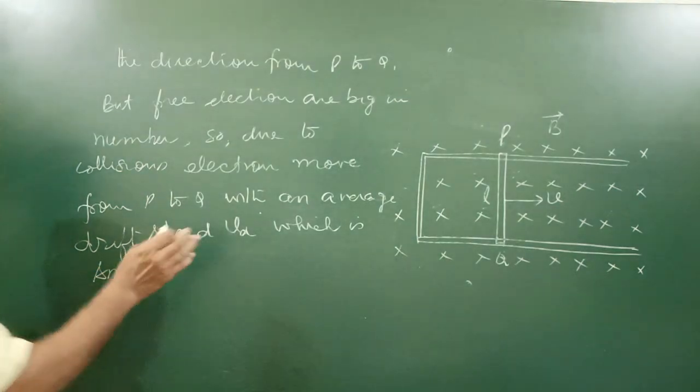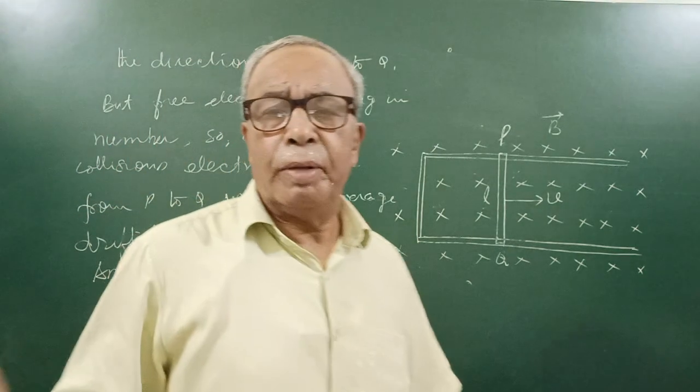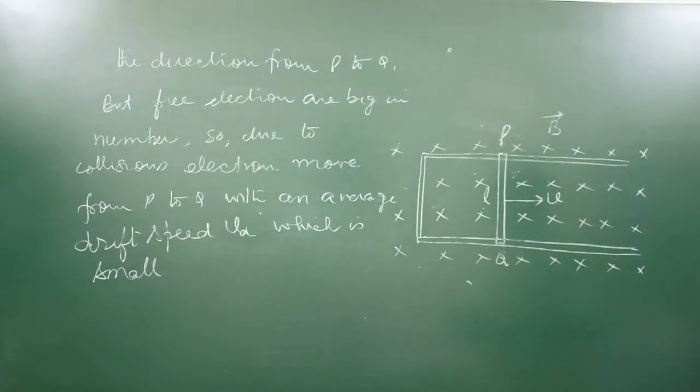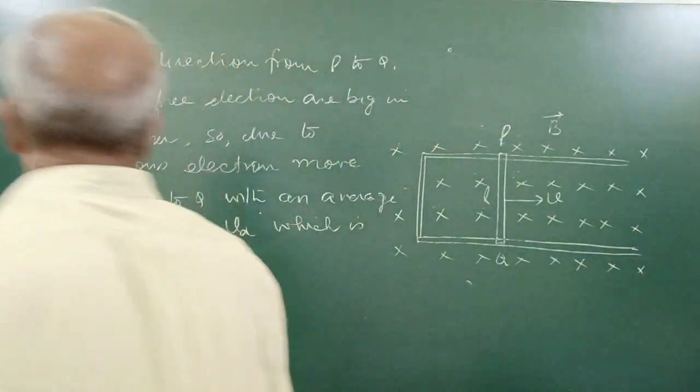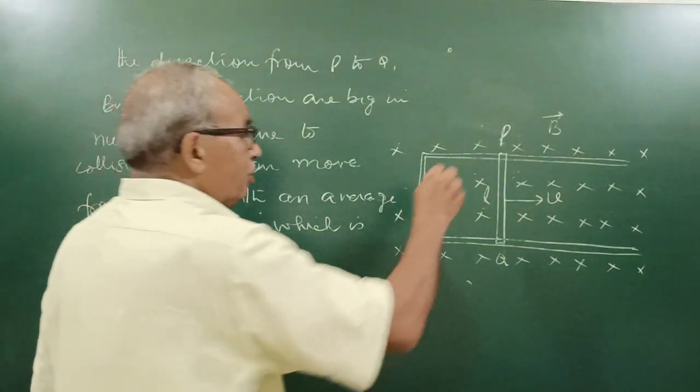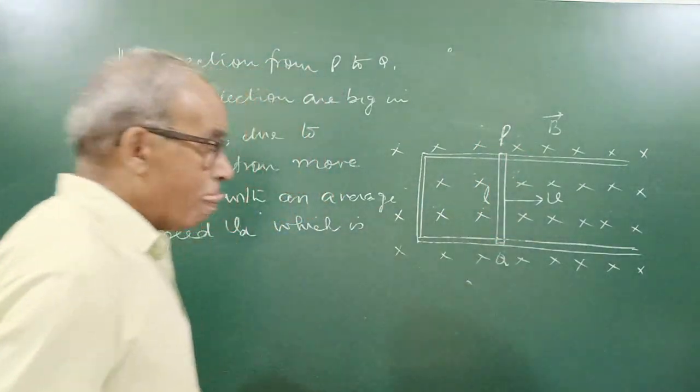As in a metallic conductor, we have proved that when a battery is connected to a conductor, current flows and electrons move with small drift speed. So the drift speed of electrons is from P to Q.